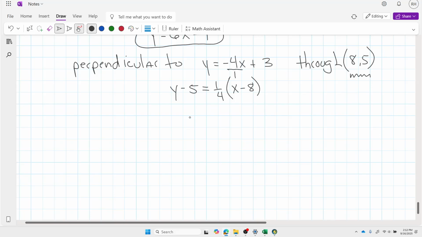Distributive property, so y minus 5 equals 1/4 x minus 2. And then add 5 to each side.